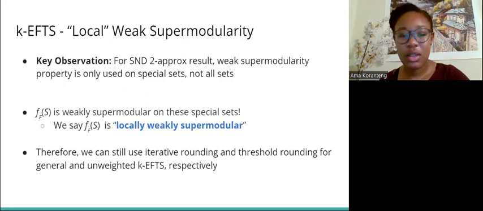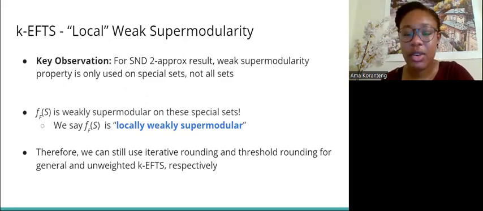We observed that the weak supermodularity property that Jain relied on for iterative rounding is a sufficient but not necessary condition to be able to use the techniques from that paper. Remember that with weak supermodularity, a property holds for all pairs of vertex subsets. However, we noticed that Jain never needed the cut function to be weakly supermodular for all pairs of vertex subsets.